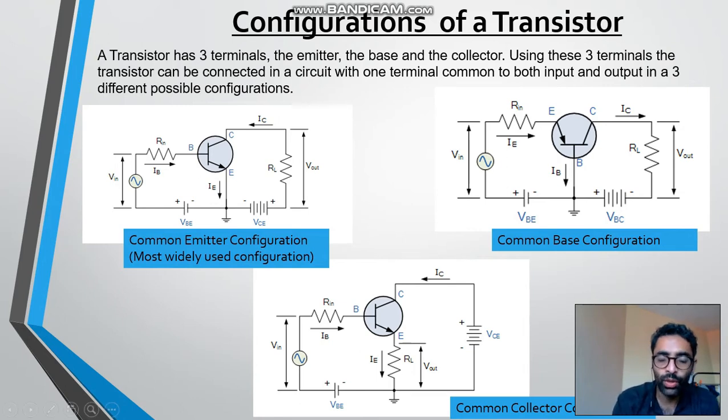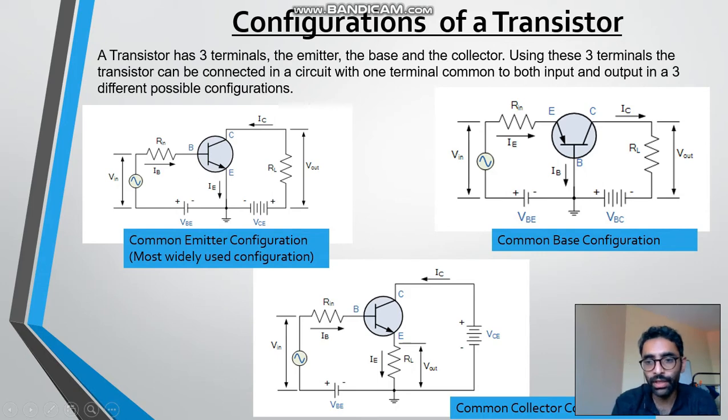So you have to know 2 important things. Whenever a particular terminal is common to both input and output, that particular terminal would be grounded as well, right? So here in the common emitter configuration, you can see that the emitter terminal of the transistor has been grounded, right?